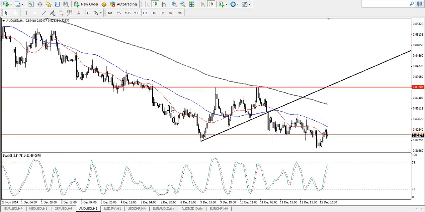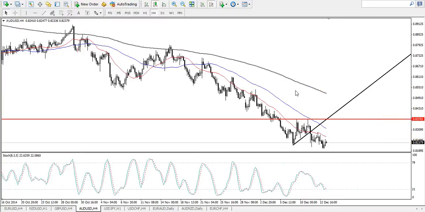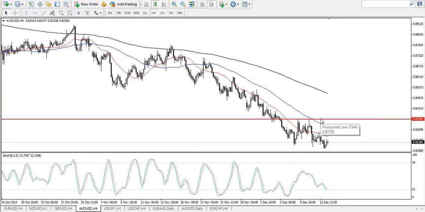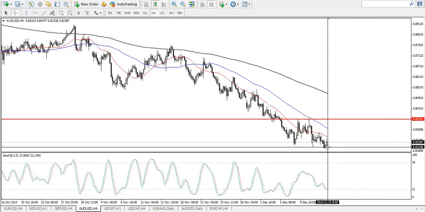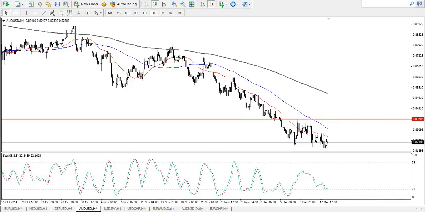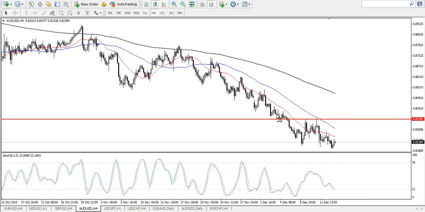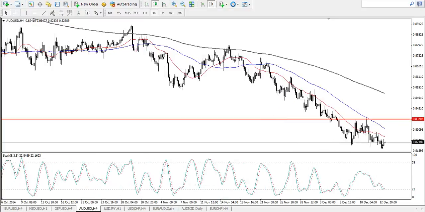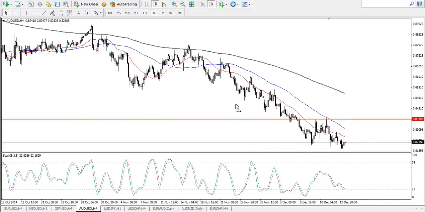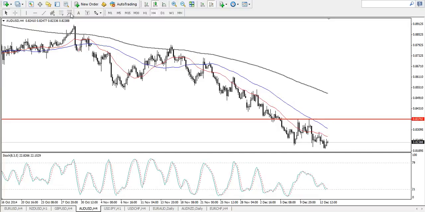Next, we have the Australia against the US dollar. As we can see, the price has recently broken a new low. There was a falling trend channel in the following charts.